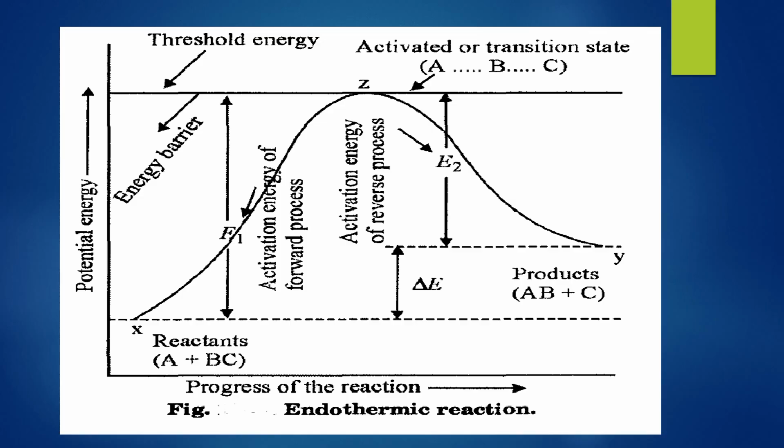So three states we are going to represent with the notations X, Y and Z. X is the initial stage, Y is the final stage and Z is the intermediate stage.